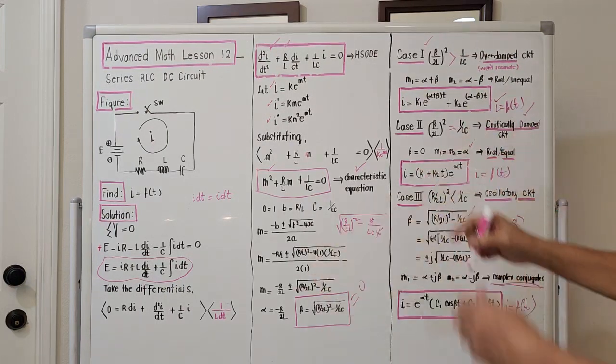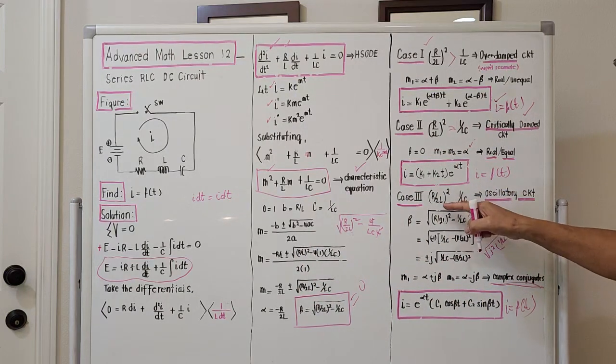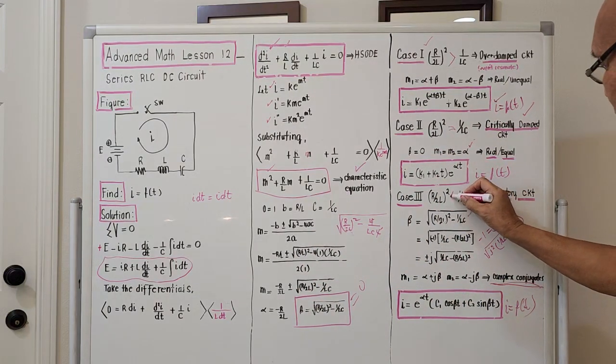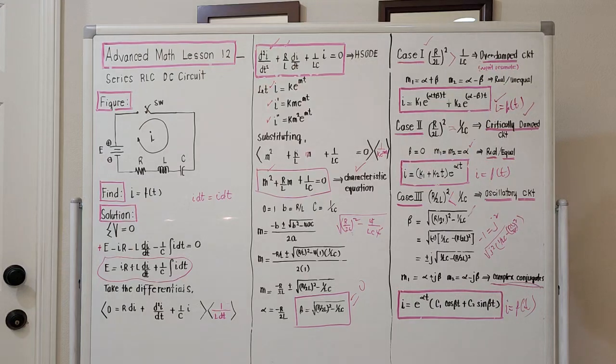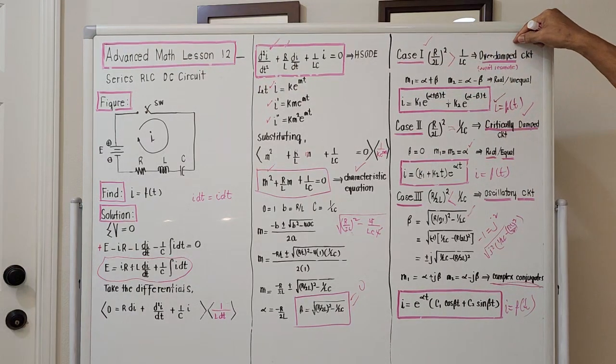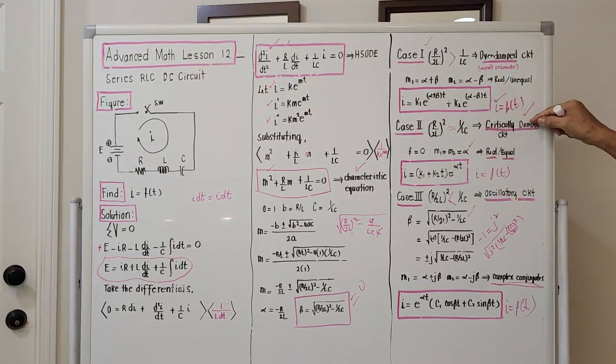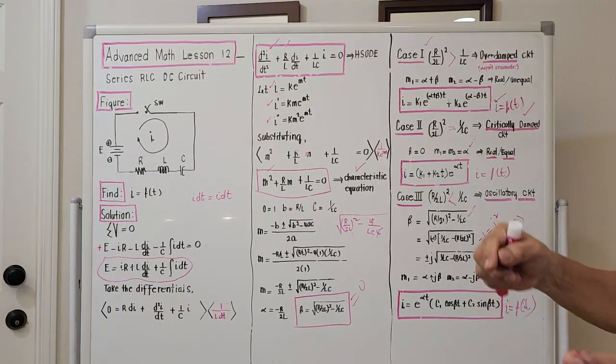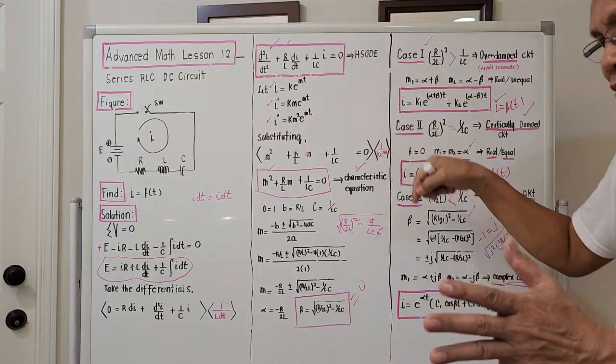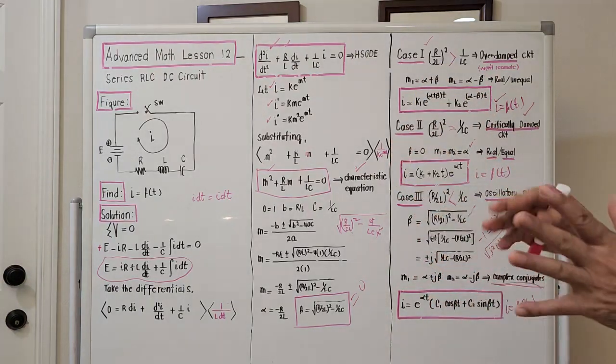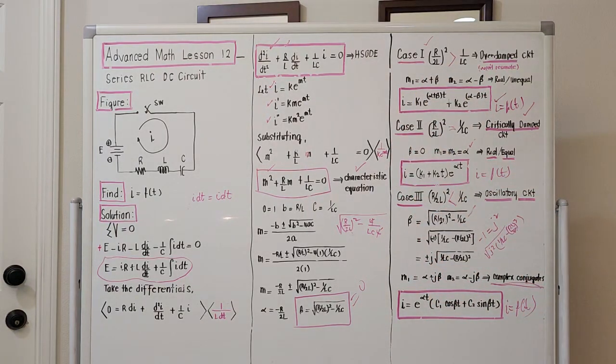And for the third one, the ratio (R over 2L) squared is less. So case number 1 is overdamped, case number 2 is critically damped, and case number 3 is an oscillatory circuit. The graph will show an oscillation; it's a complex wave. Okay, that's it guys.